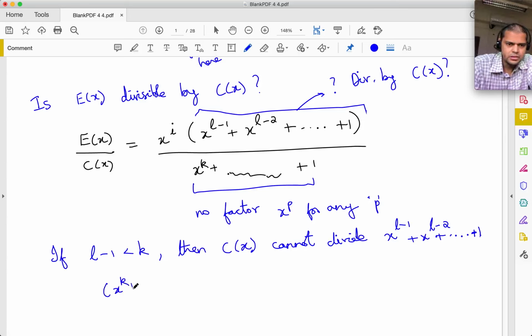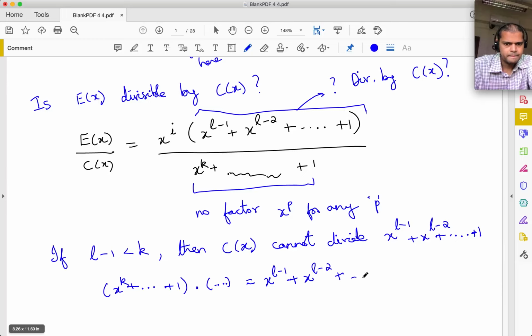So suppose we had x to the power of k plus so on up to plus 1. And we'd have to be able to multiply it by something else to get this polynomial. And the question is, can such a thing exist?